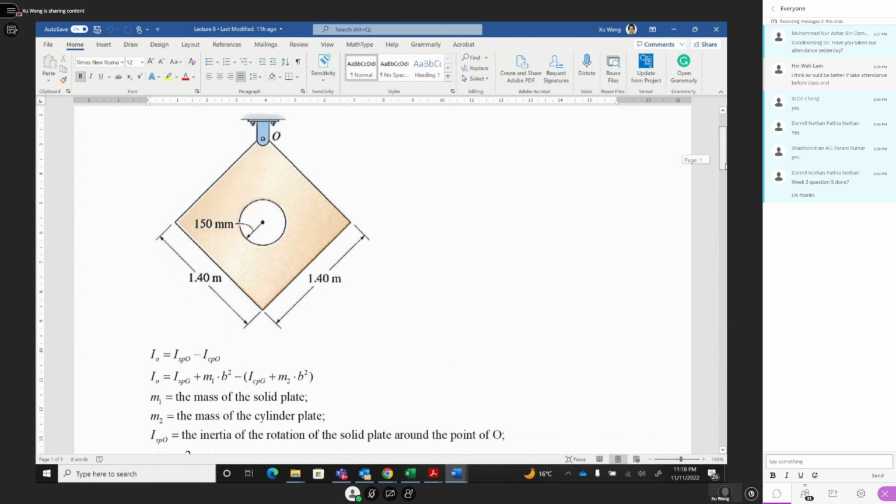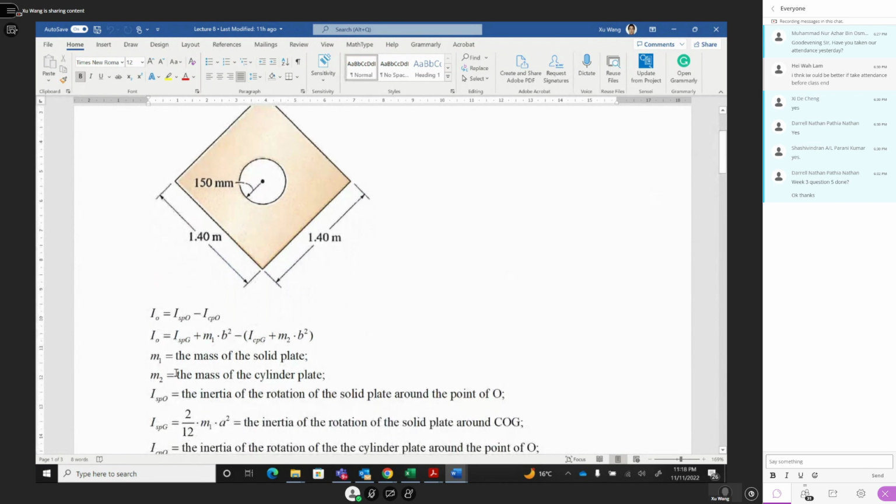Then for the solid, there are two parts. One part is the rotational inertia about the center of gravity, plus the mass m times this distance.